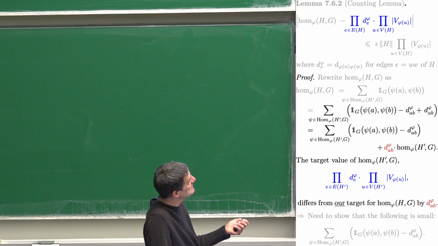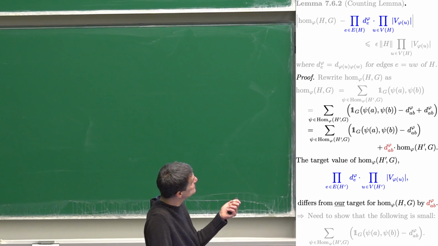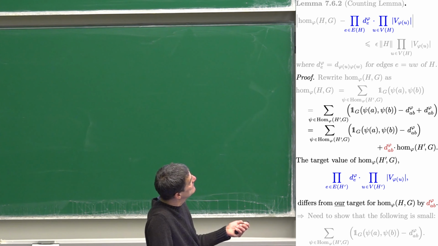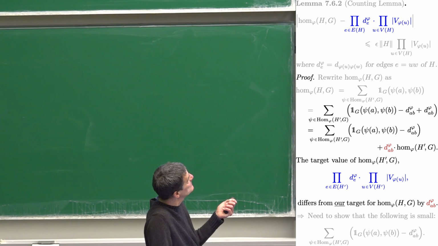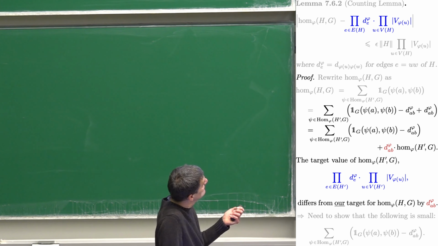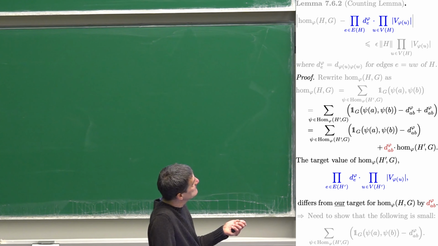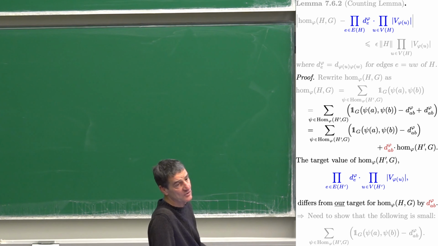That's the missing factor from the target value for the HOMS HG. When we look at the target value for the HOMS H prime G, the target values differ by this little factor d to the phi AB that is written here in front of that HOM.